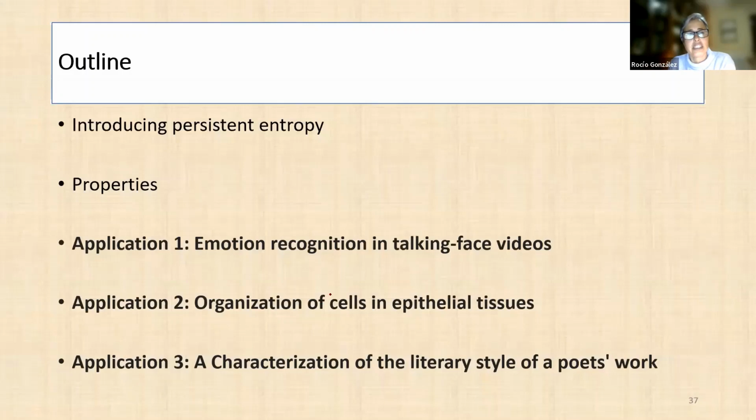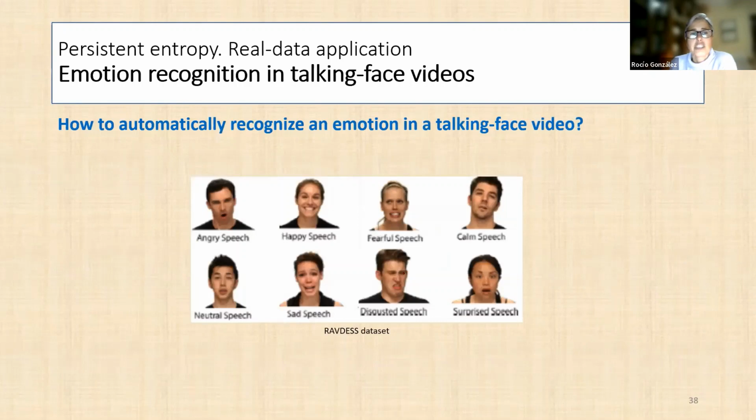Now let us see some applications that we made in our group, in very different fields, for example, in emotion recognition. In this experiment, we consider a database of videos.